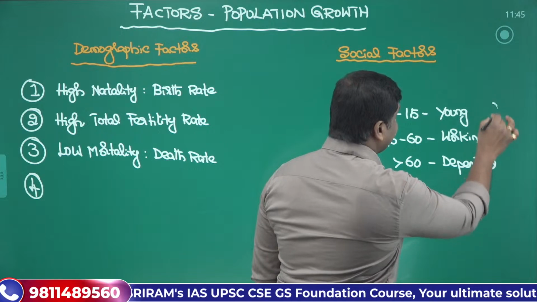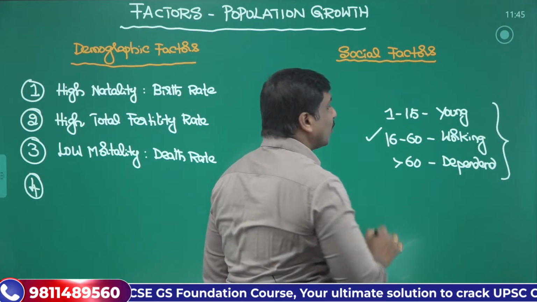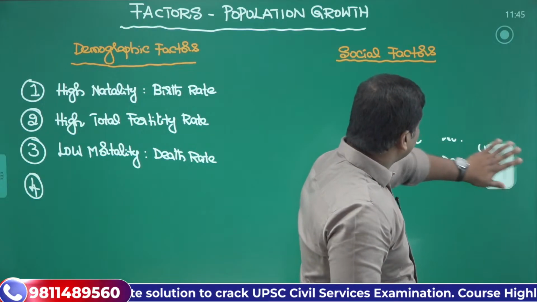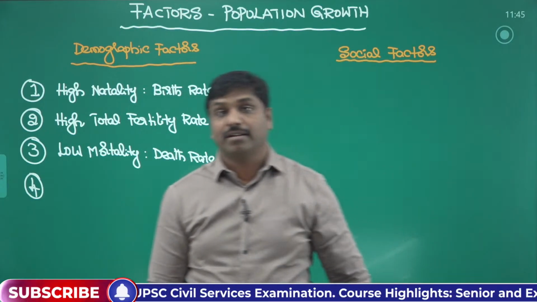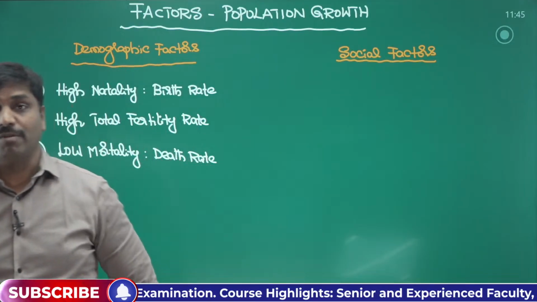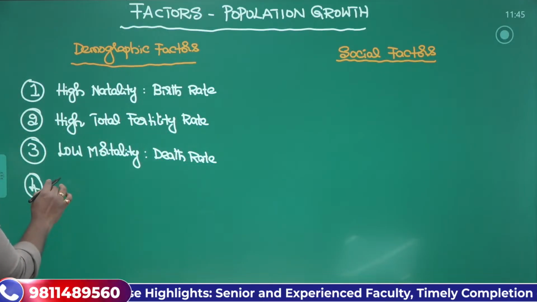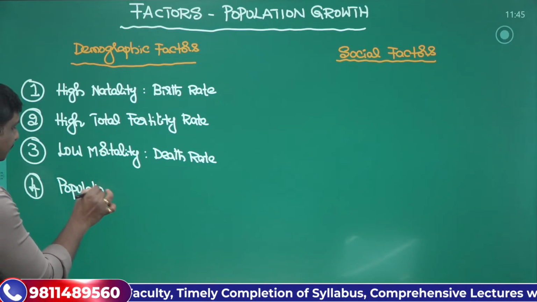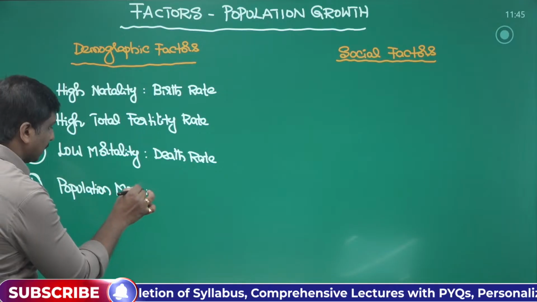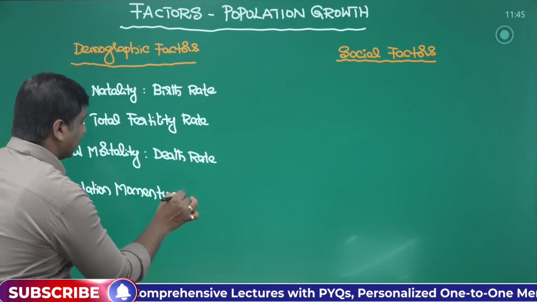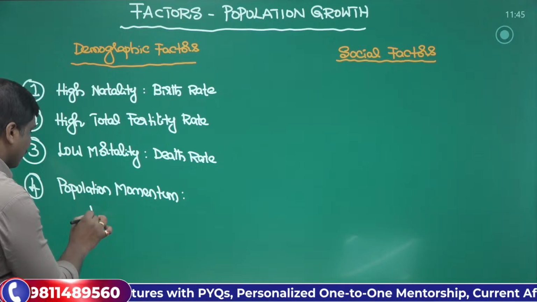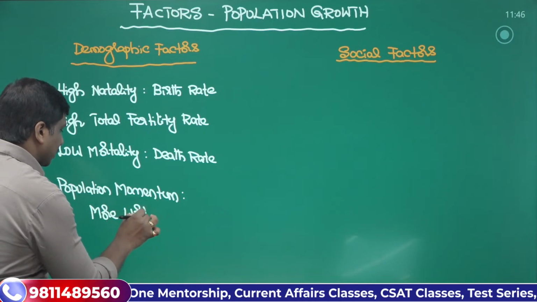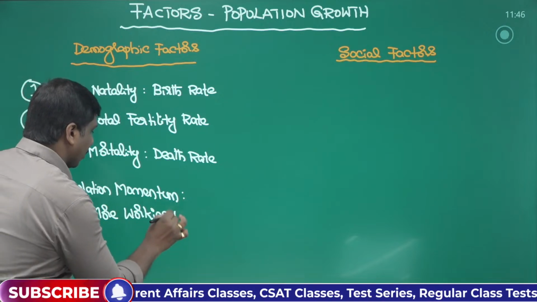Now if you see from these, in India we have more working group population. Further we can say it in the form of a more reproductive population. So from that point of view, there is a kind of population momentum, where we can have more working population.